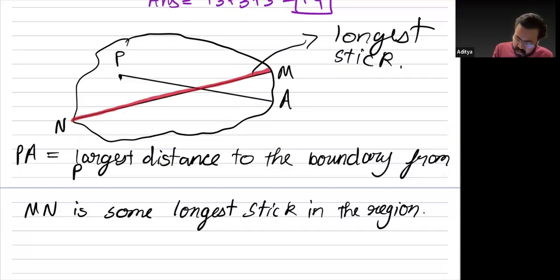If MN is some longest stick in this region, can we say that PM is smaller than or equal to PA? Because PA we are defining as the longest distance from this point P to the circumference.